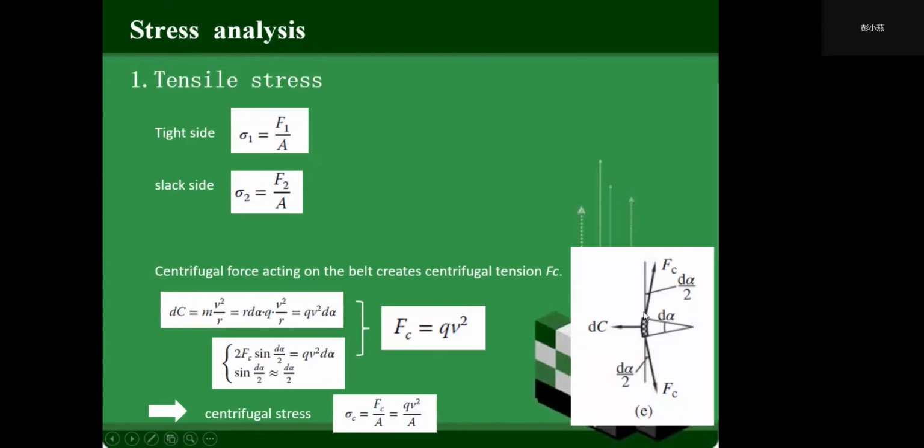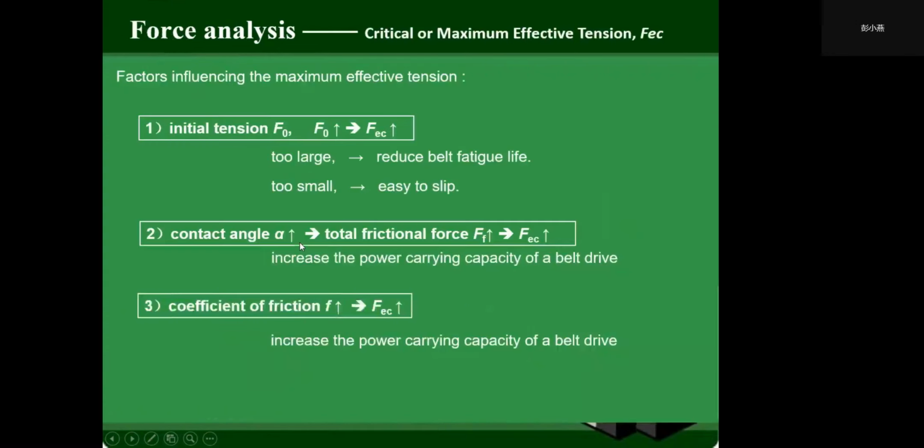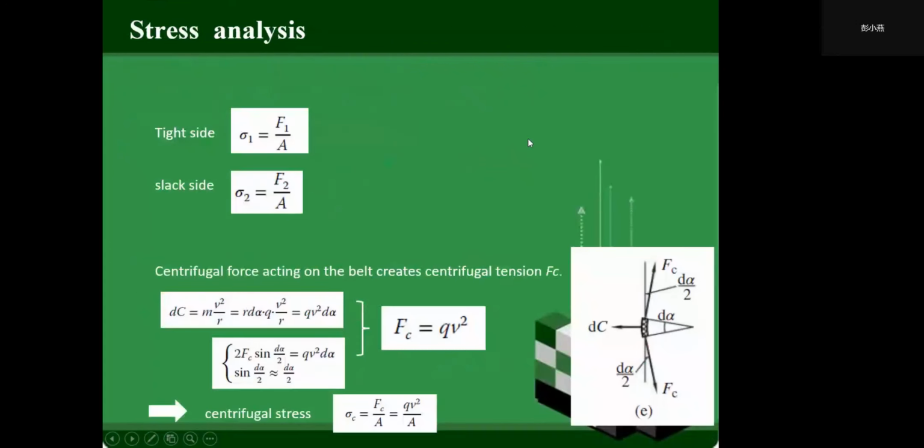Okay, then, the force analysis is used to calculate the force transmitted by the belt, and usually we only consider the tensile stress on the belt.